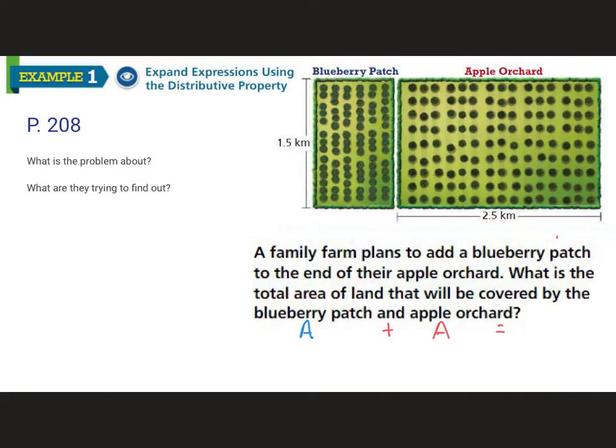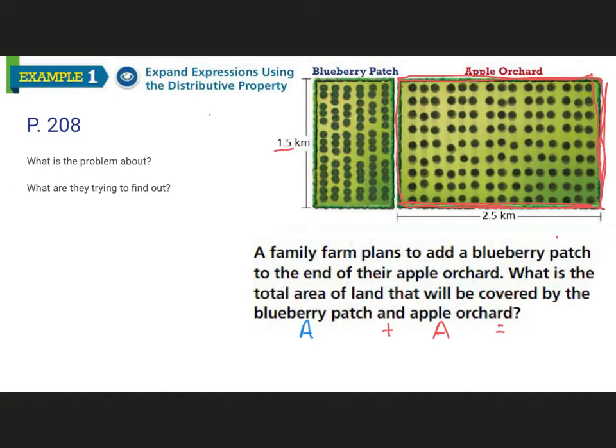Do we know the area of the apple orchard? Does it tell us? No, but we know the dimensions, because this dimension here is 2.5 kilometers, and this dimension over here is 1.5, because it's the same as this side.